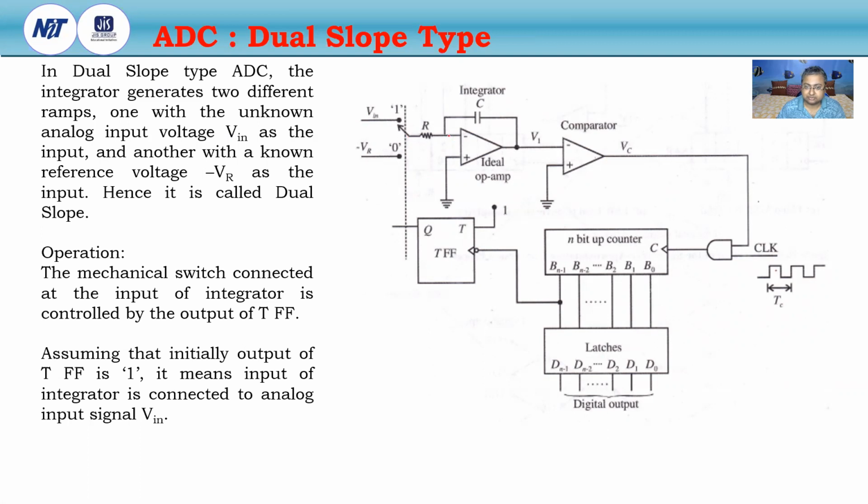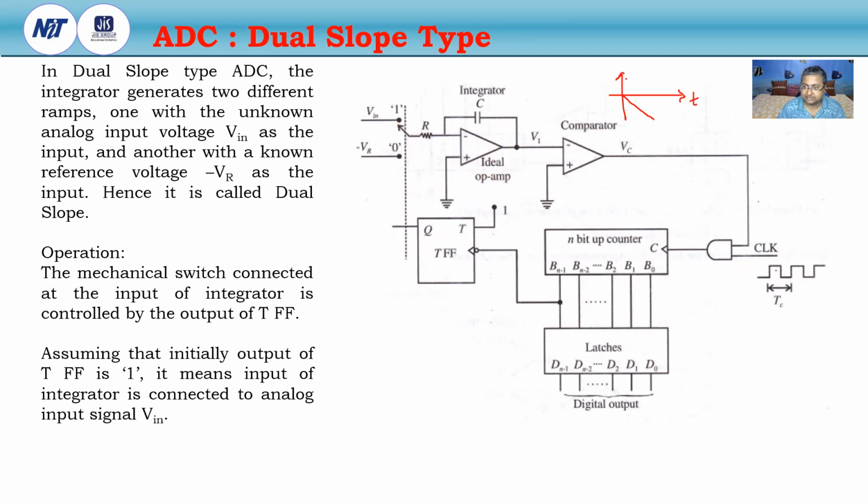When the input switch is connected to the positive input voltage of the integrator, the output of this integrator produces a negative slope ramp voltage.